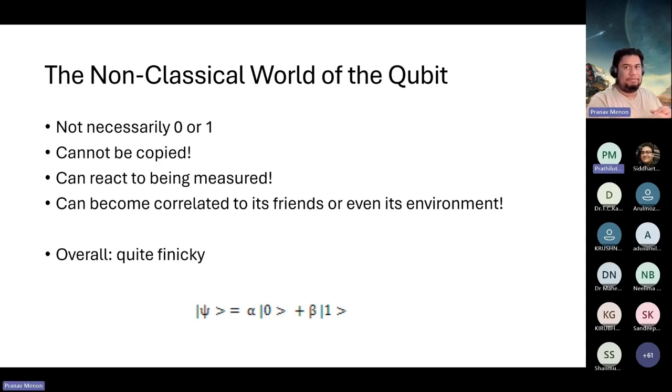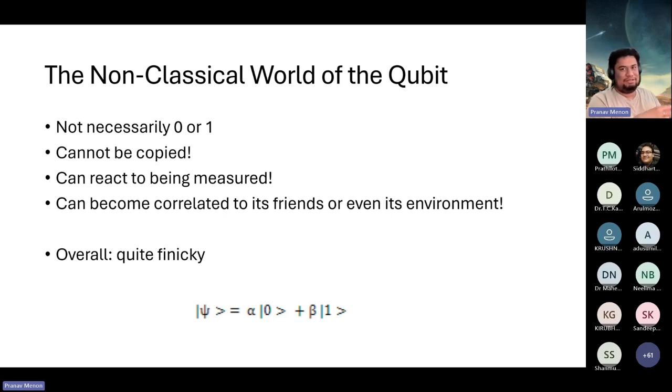It can be affected by other particles or other qubits, for example, inside the environment, and this is the main feature that defines other topics that I'm going to talk about. That's part of quantum computing, and also sometimes can be a pro or a con when it comes to quantum computing.